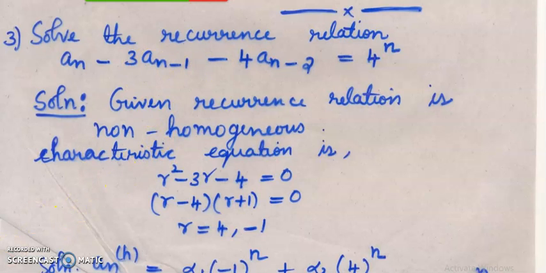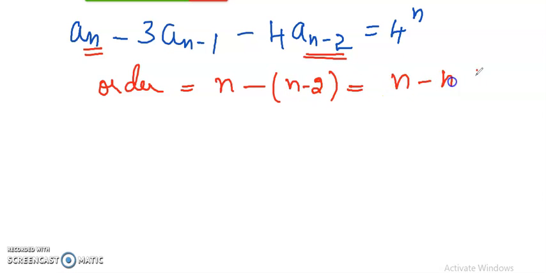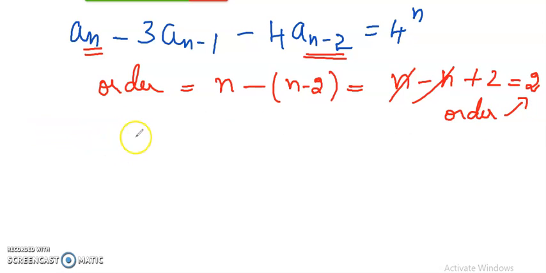Let us find the order. Here the order is given by n minus the least term, where the highest term is a_n and the least term is a_(n-2). So n minus (n minus 2) gives 2. The order is 2, so we write the characteristic equation starting with r square.